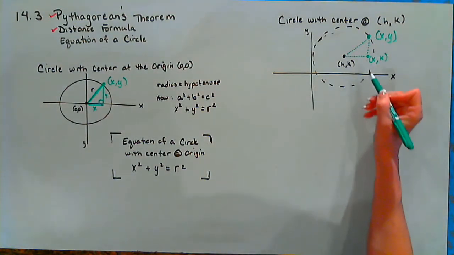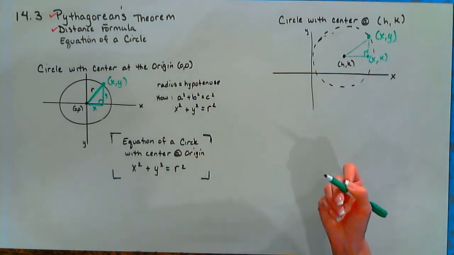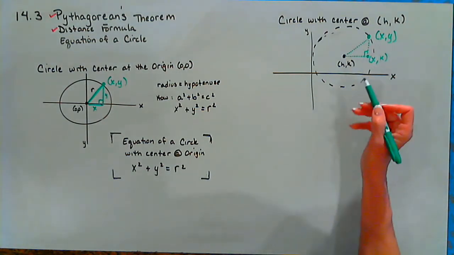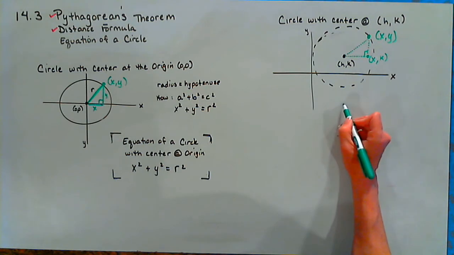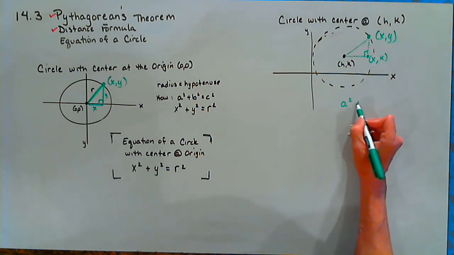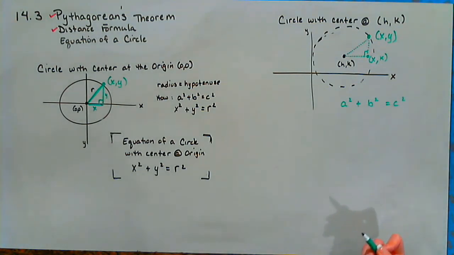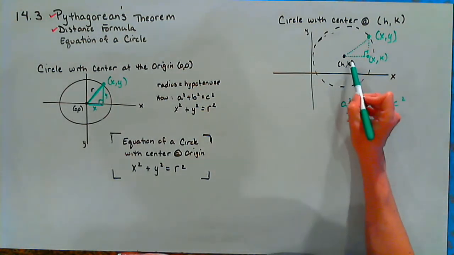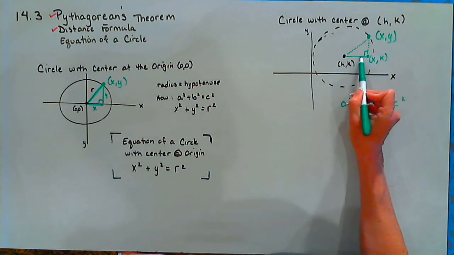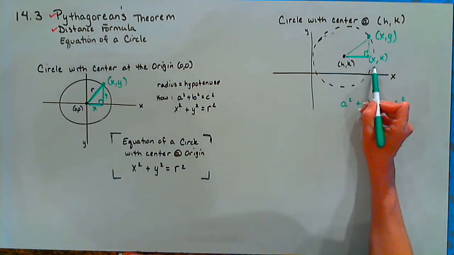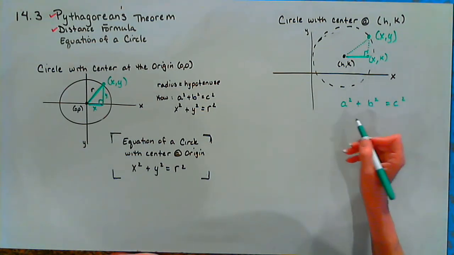So, since we have a right triangle, I could easily do the Pythagorean theorem, and I can say, of course, a squared plus b squared equals c squared. Well, how long is this in the x direction? How far is it between h and x? The only way to find that out is to subtract the values.